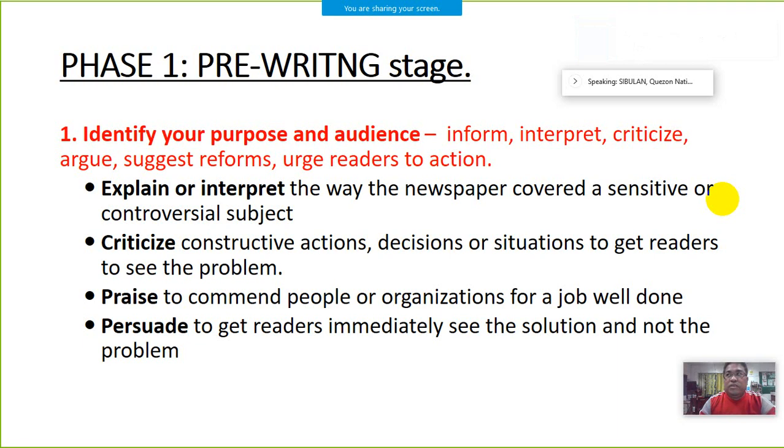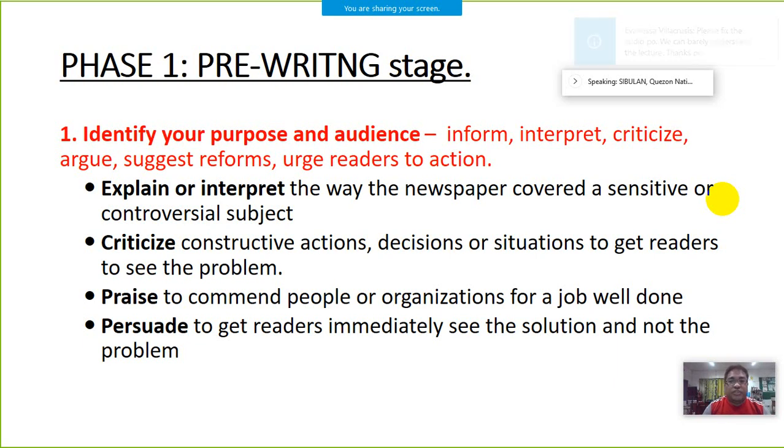For example, if our topic is on federalism, we can write an informative editorial on that, since based on the survey, only 25% of the Filipino citizens know about it. So there is a need for information dissemination, and that is what informative editorial is all about.